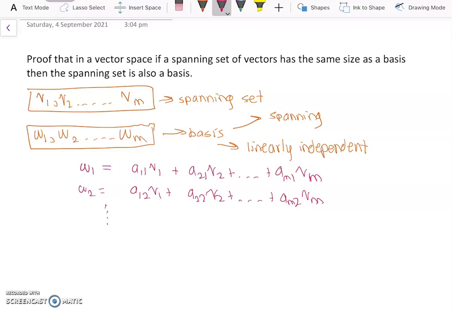And dot dot dot, wm we can write as a1m v1 plus a2m v2 up to amm vm.